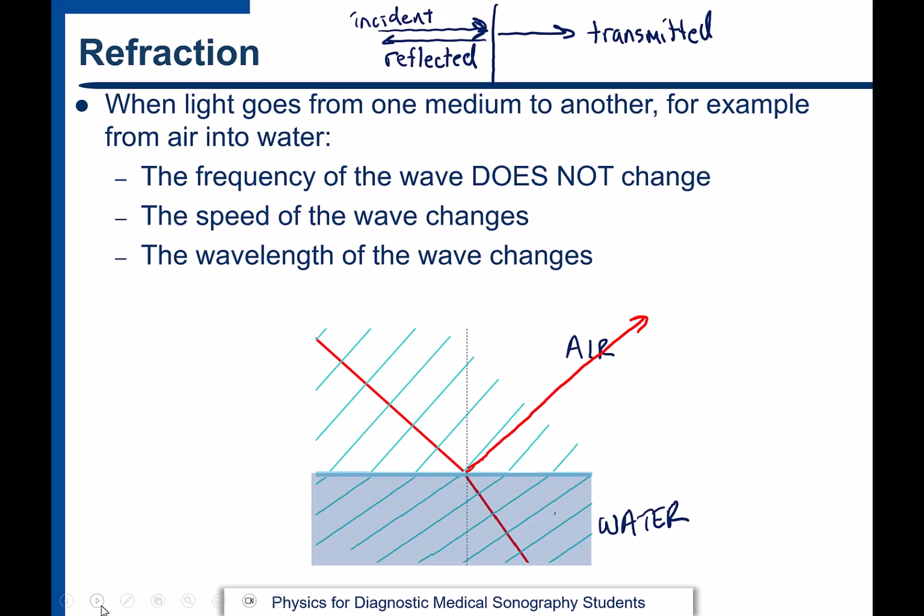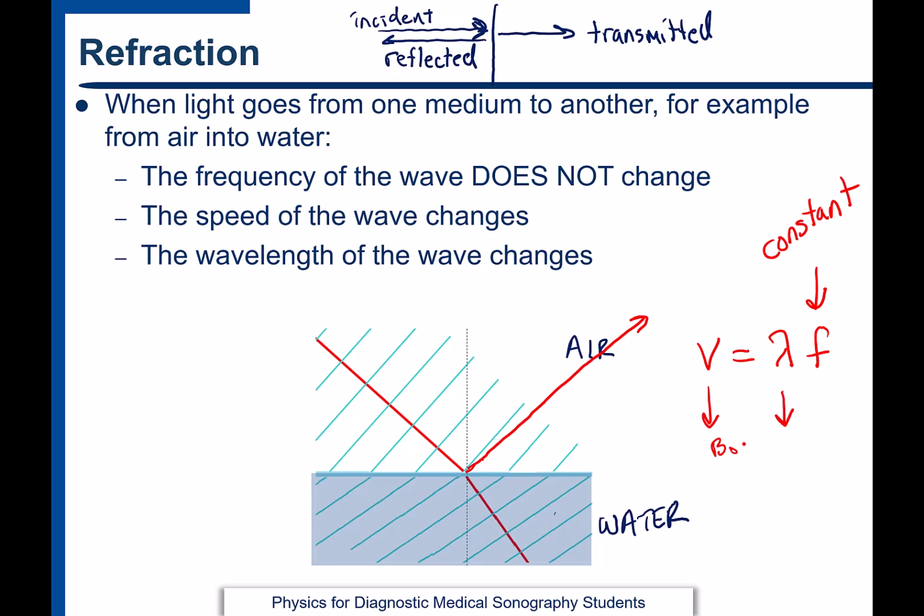But we've said that light goes slower in materials like water than it does in air, and so the speed of the wave changes. Well, since v is equal to lambda f, if f is constant, then notice that if the speed goes down, the wavelength is going to have to go down.